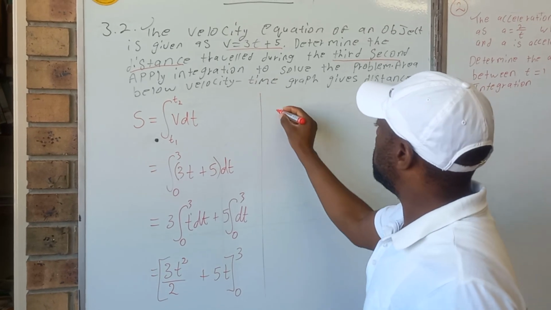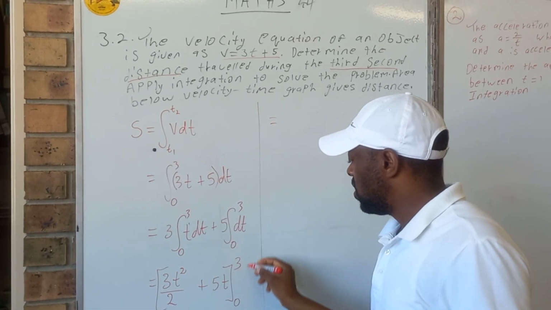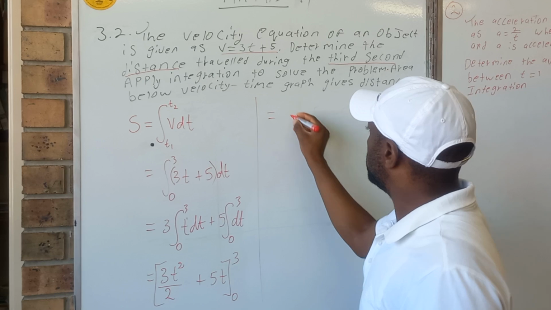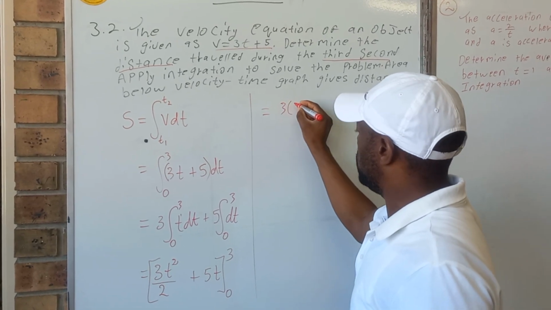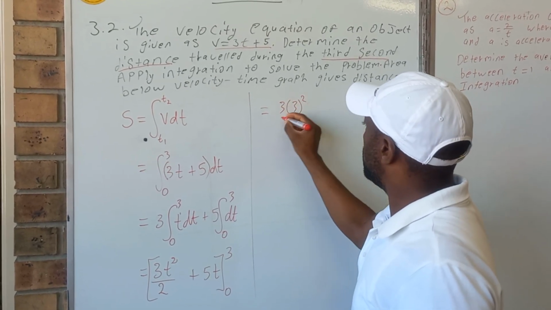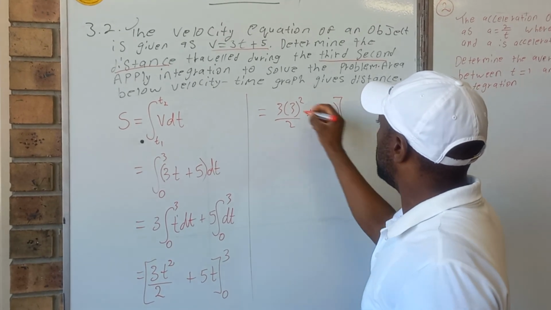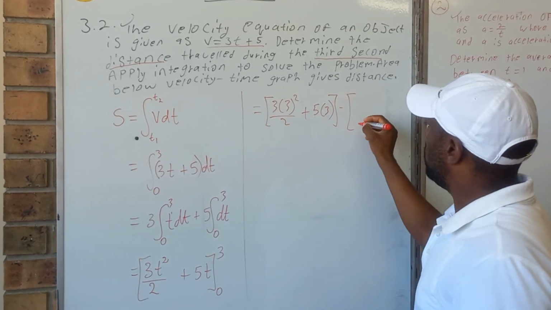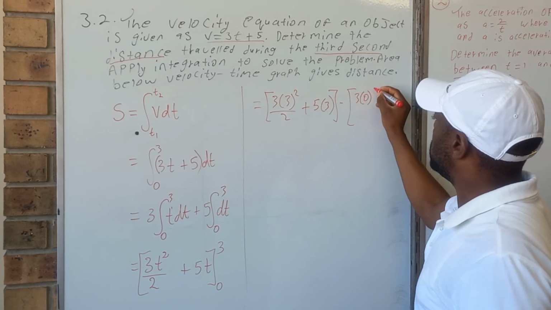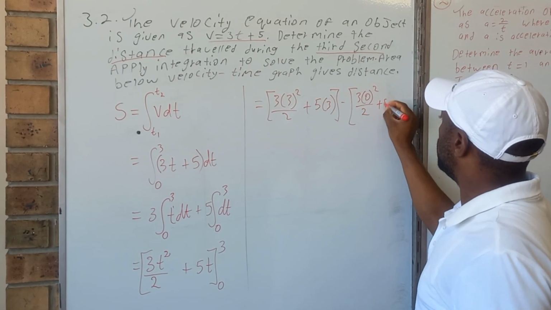Then we switch over to formula 29, which says you substitute the upper limit first. So that will be 3 into 3 squared over 2 plus 5 into 3, that's my upper limit, then minus the lower limit, where I'm replacing every t by a 0.